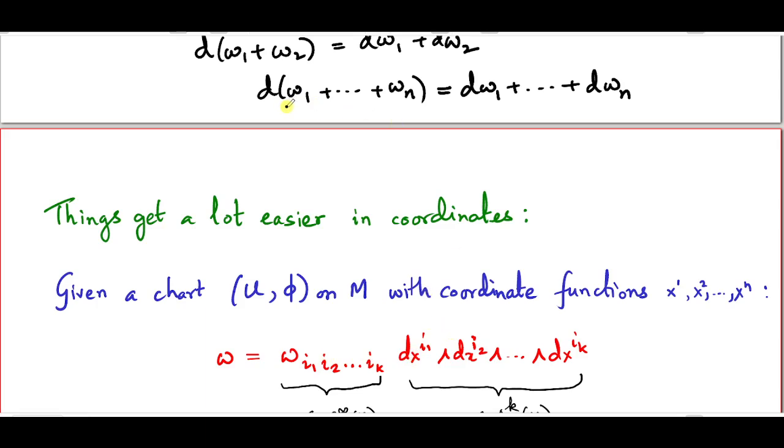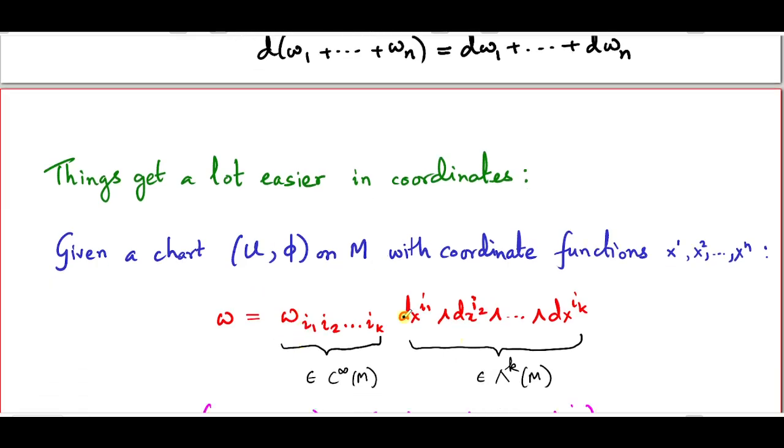So we will use this result that you can split up a sum on which an exterior derivative acts, and then use the fact that each individual term in the sum is really a function which belongs to C infinity of M and a k form.